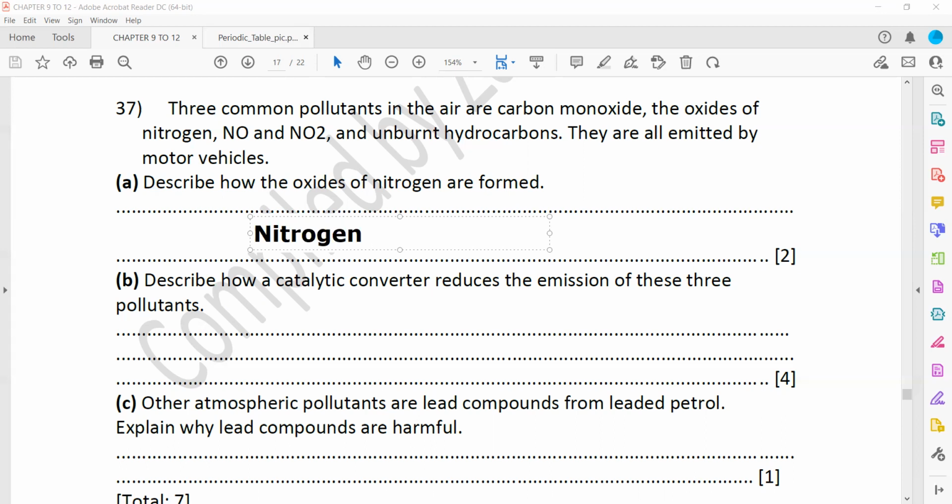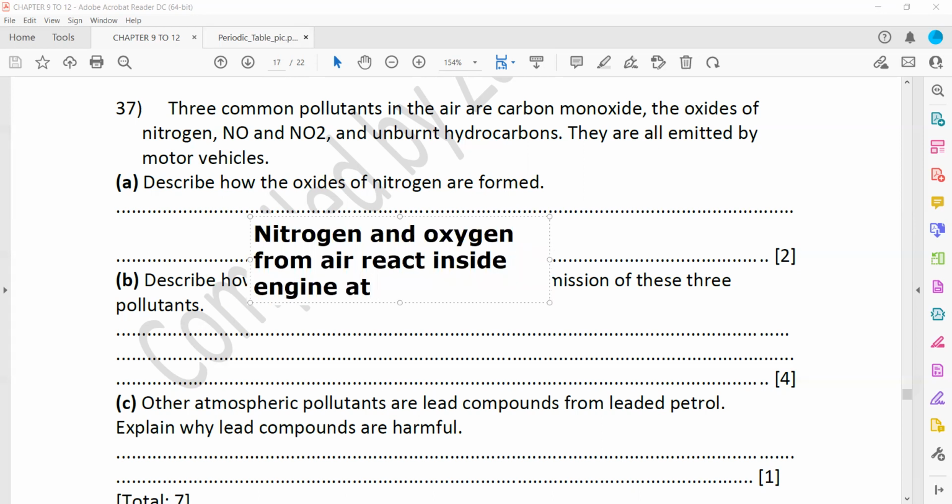So there should be a very high temperature or electrical discharge or spark. So nitrogen and oxygen from the air, not from the fuel, react inside the car engine at high temperature. Or an electrical spark, you can also mention.